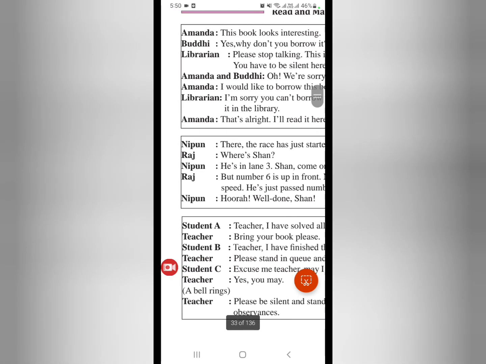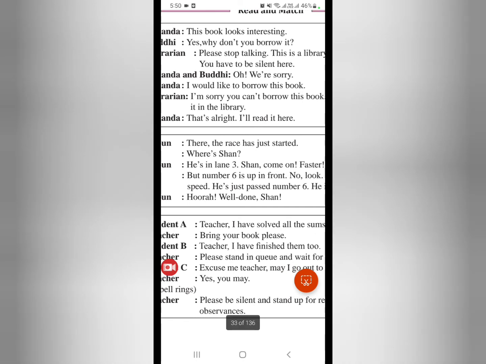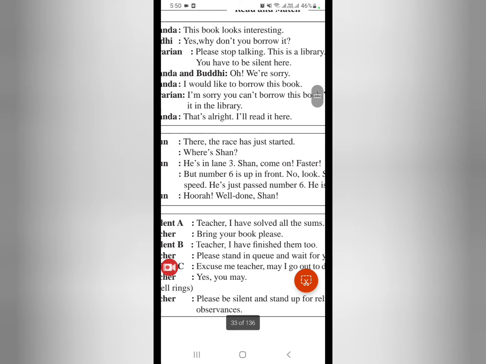Sorry. He is asking where Shan is in the race. Raj is asking where is Shan. Then Nipun is replying Shan is in lane 3, and then he is saying come on like that. Then Raj is replying, but number 6 is up in front. Number 6 means it indicates a student.